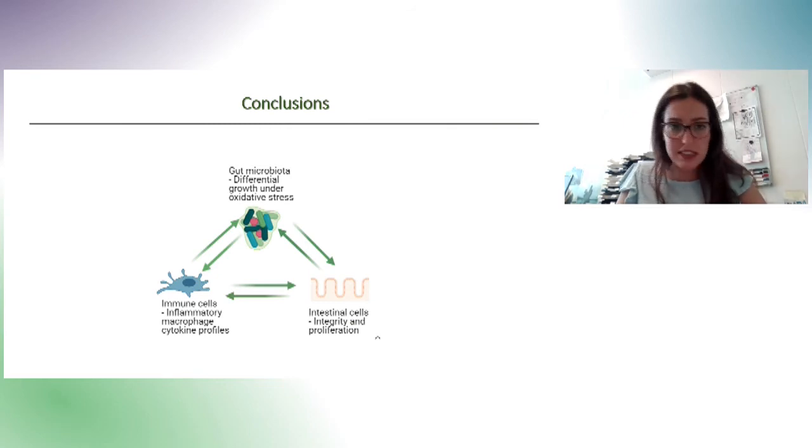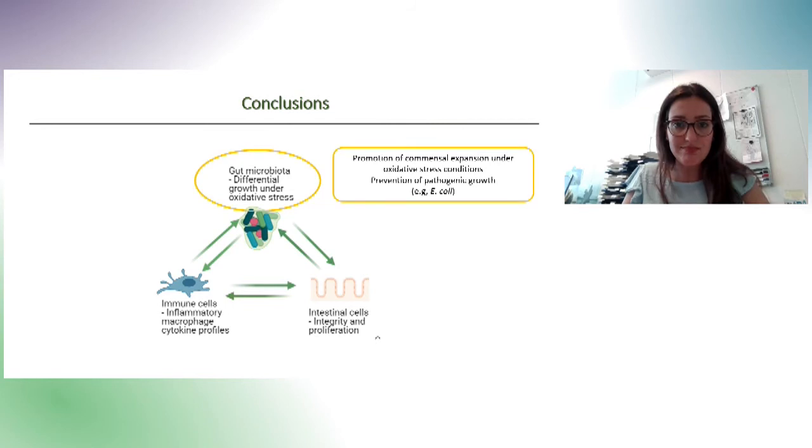As main conclusions, regarding the composition of the gut microbiota and how Blautia can somehow manipulate it, what we concluded from this work was that, at least with Faecalibacterium prausnitzii, we can see an expansion of this bacterium under stress conditions, and we also saw a prevention of E. coli growth.